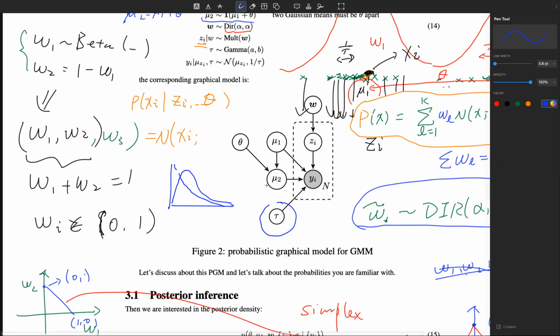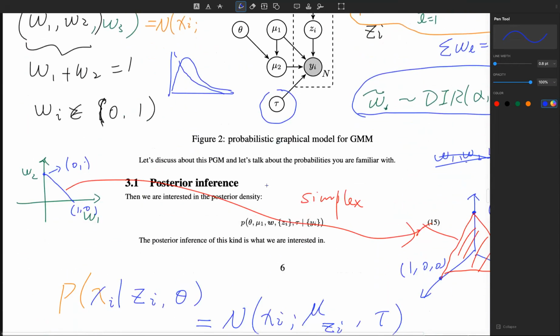And the reason for that is because it's actually conjugate. Now, that's not entirely true, but I'll say it anyway.